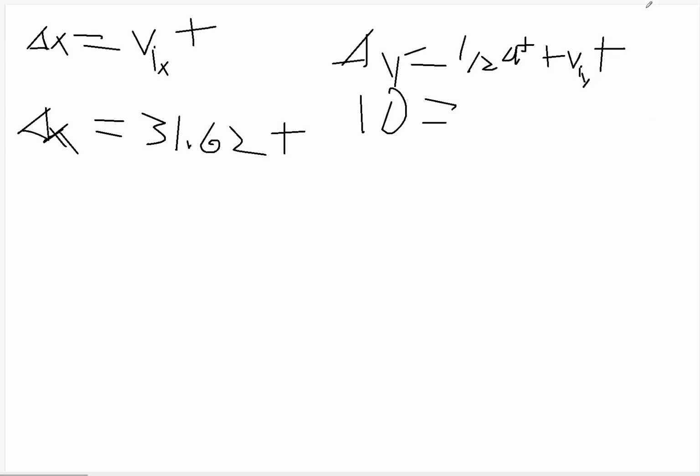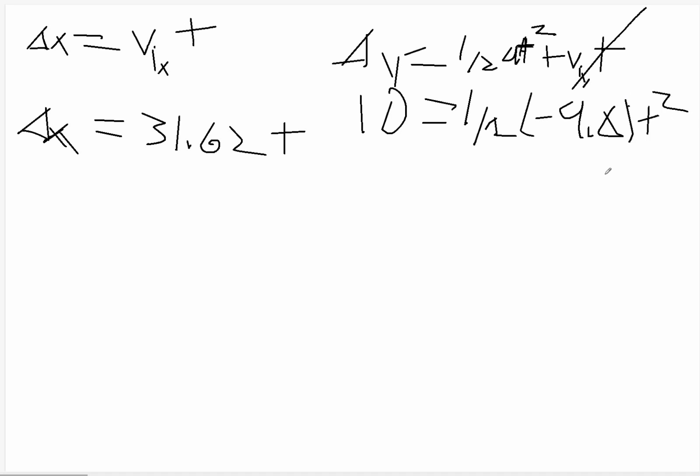It's just 0, so we can cross this part out. So we're left with 1/2 at squared. I forgot the squared right here. Acceleration in the y direction we just know is gravity, which is negative 9.8, and then we're left with t, which is what we're trying to find.